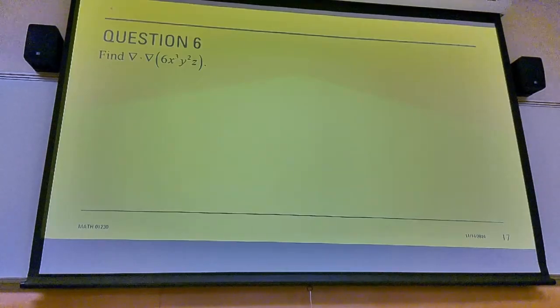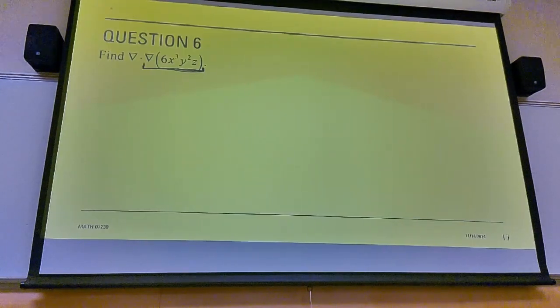What's that? Which is called a gradient field. So wouldn't that be a vector?